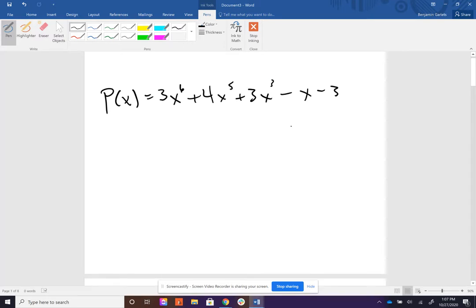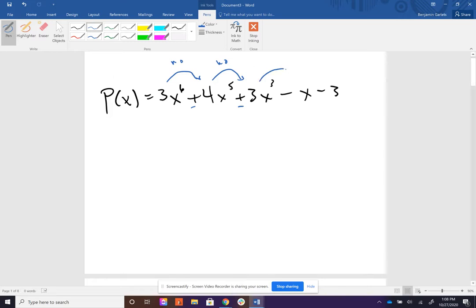When I say variation in sign, it means when I go from one term to the next, it switches from a positive to a negative or a negative to a positive. I look at my first term and I go from positive to positive, so there's no change in sign. My second term to my third term, positive to positive, so no change.